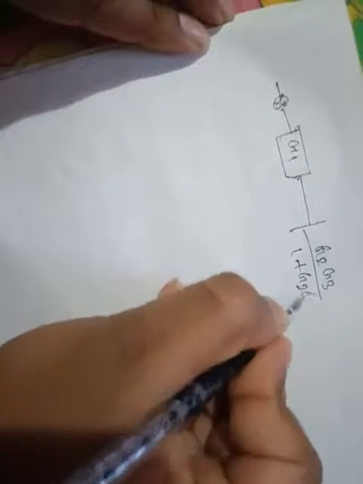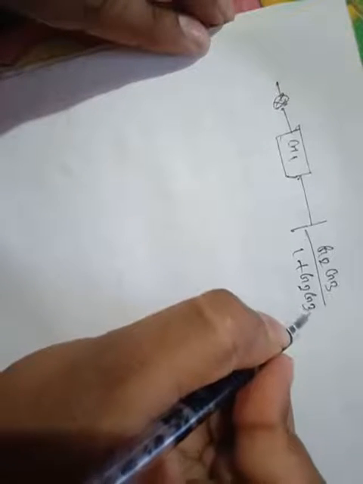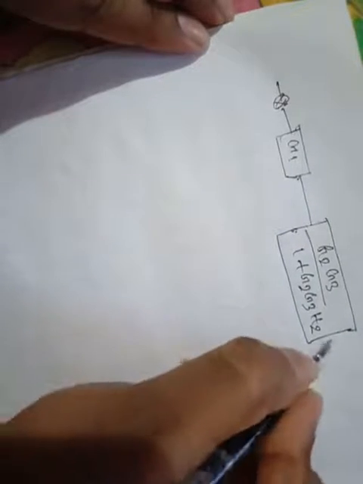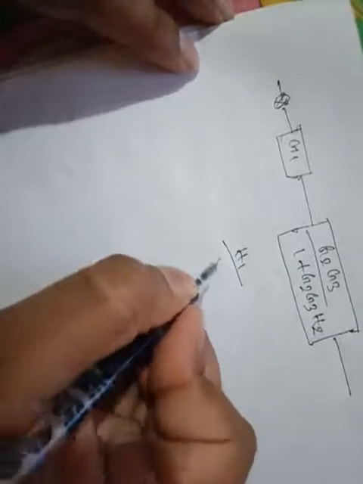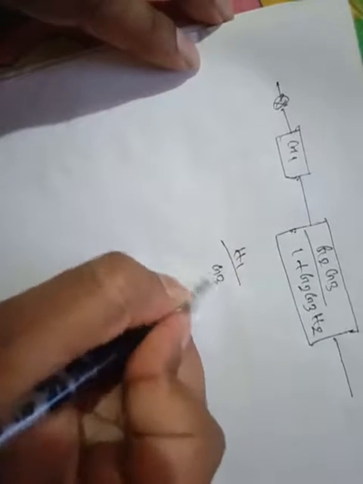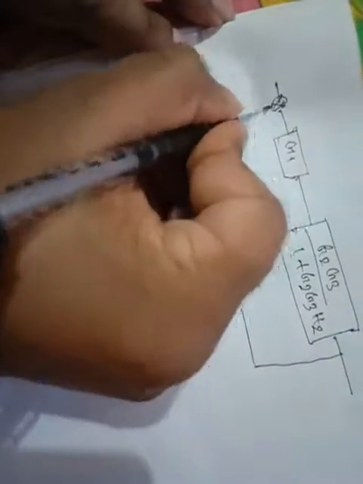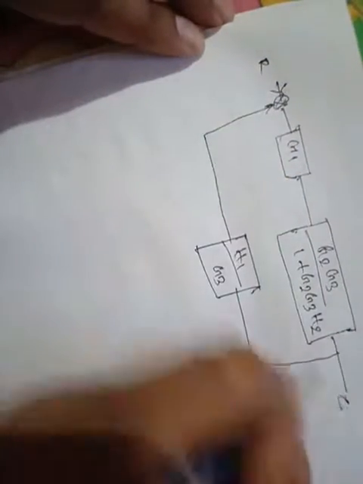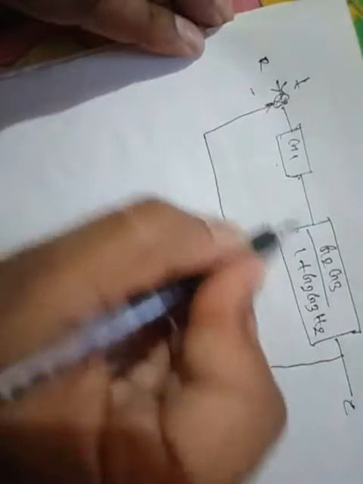We know that G2 G3, as I told you in step 3, G2 and G3 with H2, and H1 by G3 connected here. R is the input and C is the output, plus minus. There G1 and this function are connected in series.